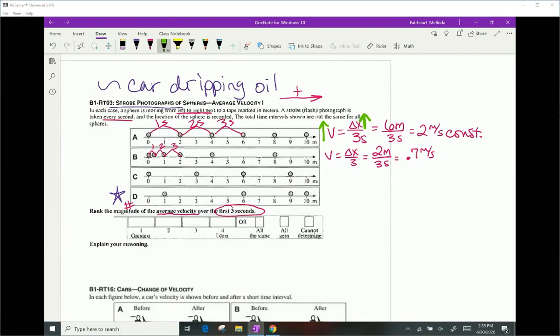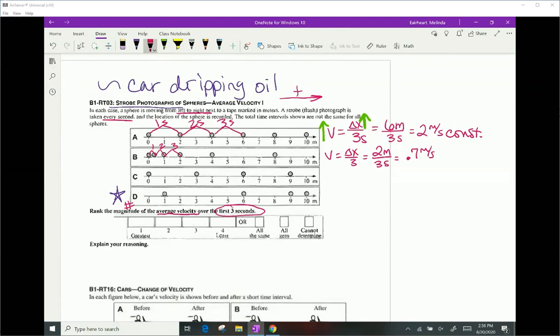So these tippers, that's the book these come from, they all look the same or similar. And so you should be able to answer it just based on displacement alone. You don't have to calculate the numbers, okay? Because they all have the same time.